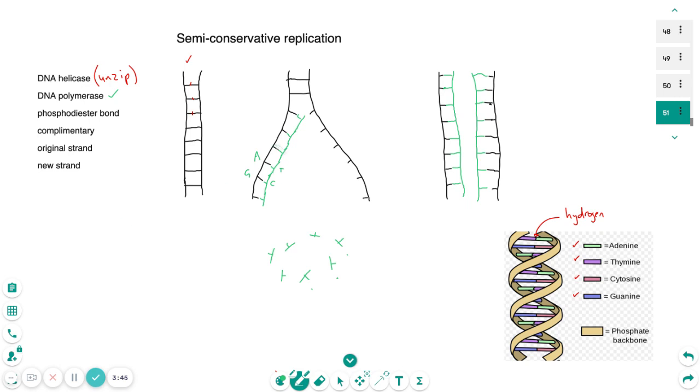If you remember, these are the backbones to the strands. If I quickly draw the nucleotide again, it's these bonds here that are formed.